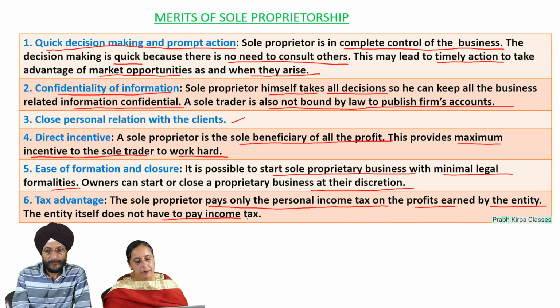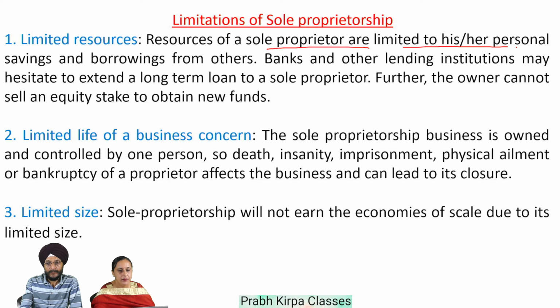Limitations of sole proprietorship. Number 1. Limited resources. Resources of a sole proprietor are limited to his or her personal savings and borrowings from others. Banks and other lending institutions may hesitate to extend a long-term loan to a sole proprietor.